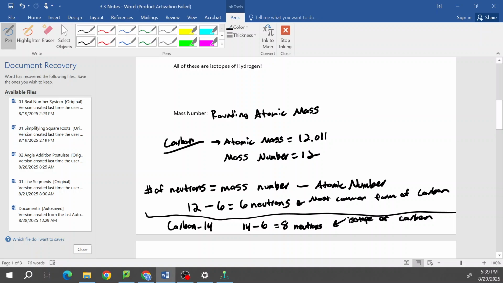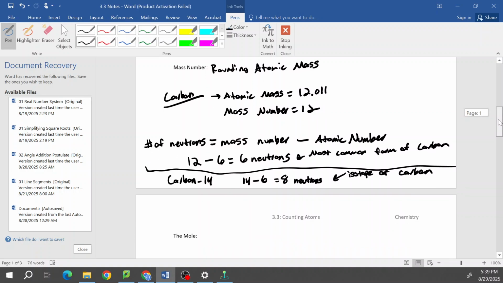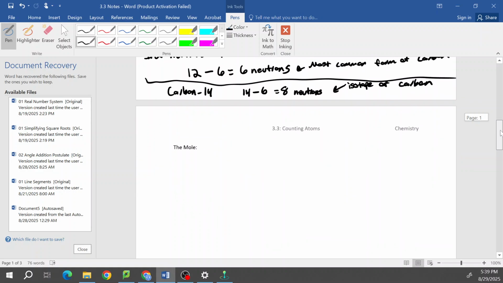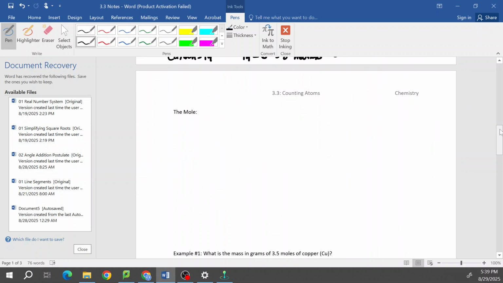Okay, so you can do that for any atom. If I give you the atom with the hyphen, that's giving you the mass number. Then all you have to do is find whatever the atomic number is, subtract the two, and you can tell the number of neutrons.